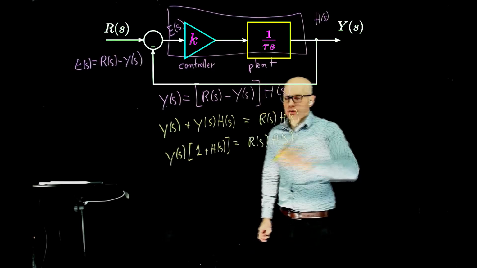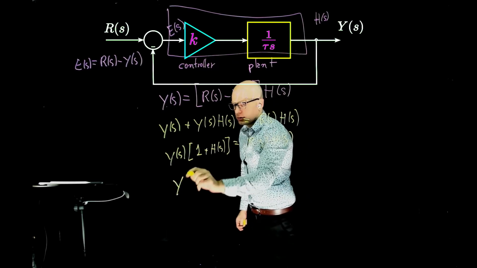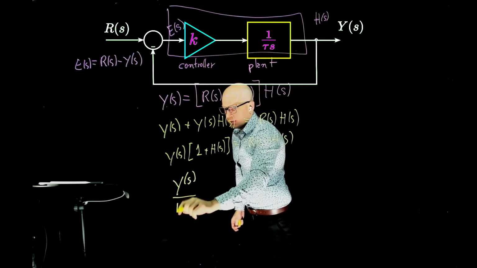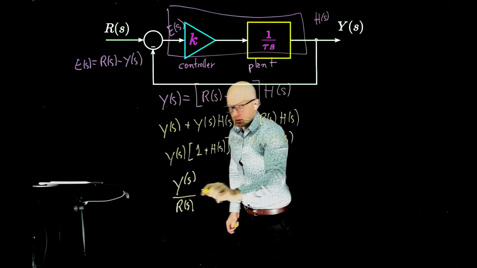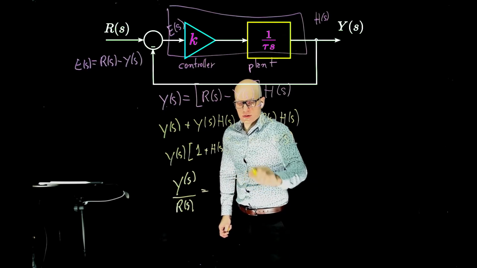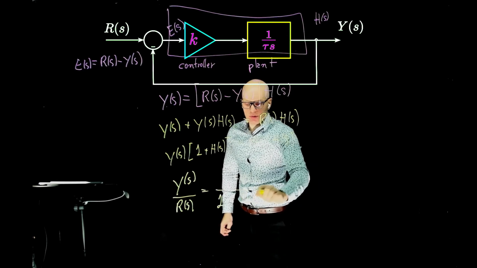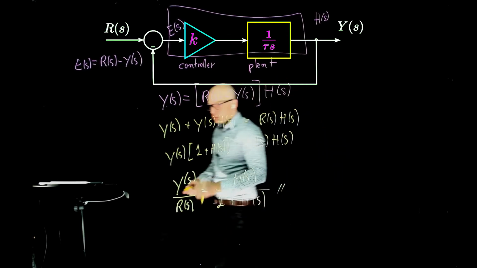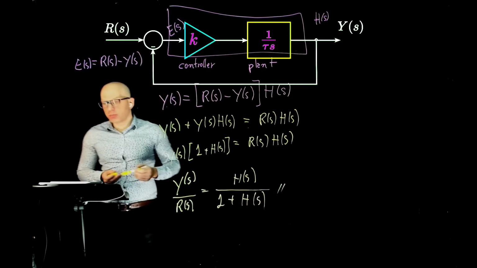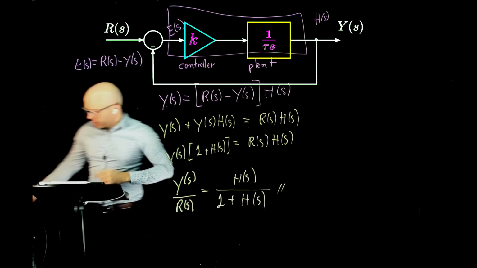And now we can find our transfer function, output divided by the input, equals h of s divided by 1 plus h of s. This is the closed loop transfer function in this system.